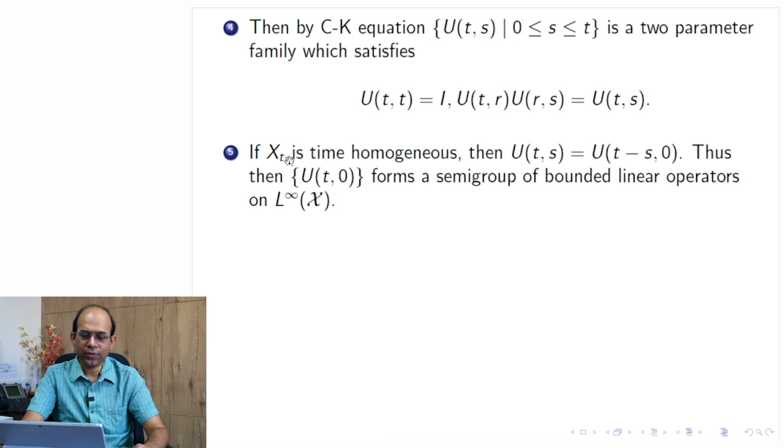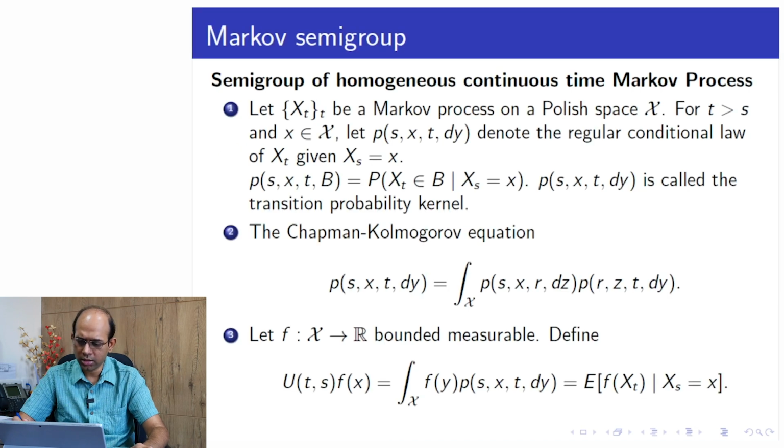Now if X_t is, in addition to the above, time homogeneous, then we don't need to bother much about the two-parameter family. We can reduce to a one-parameter family. Why is it so? Because the expression f of X_t given X_s equal to small x is the same as the expression f of X_{t-s} given X_0 equal to small x.